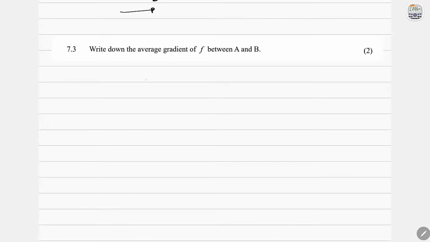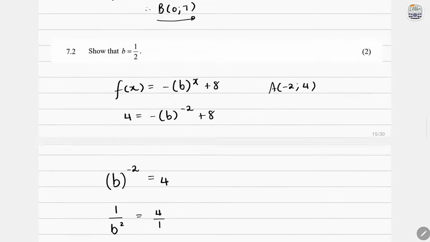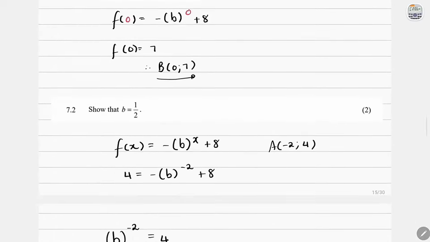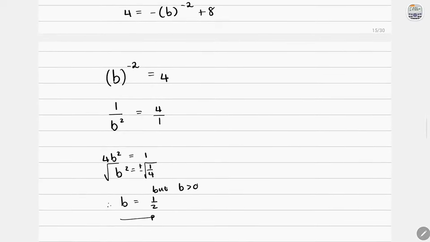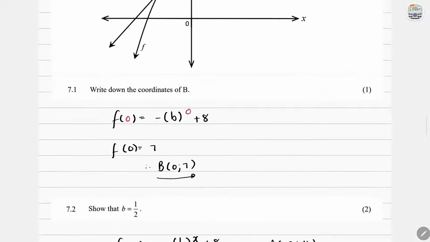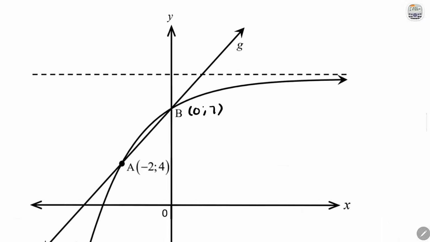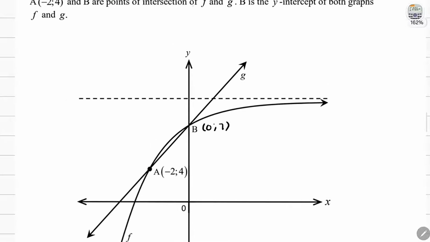The next question says, write down the average gradient of f between A and B. Between A and B, we know that the coordinate of B is (0; 7), but it's not necessary to find this gradient, because A and B are points that lie on the graph of g.